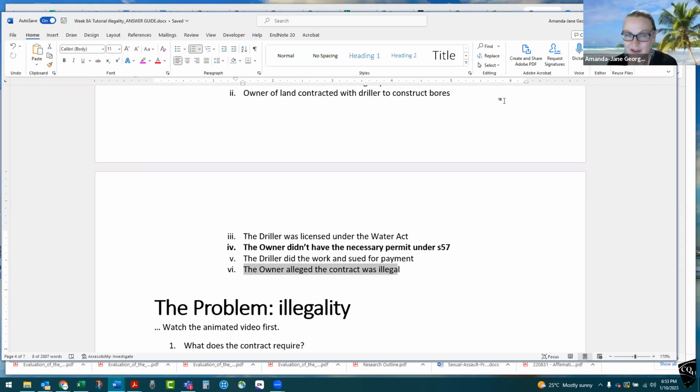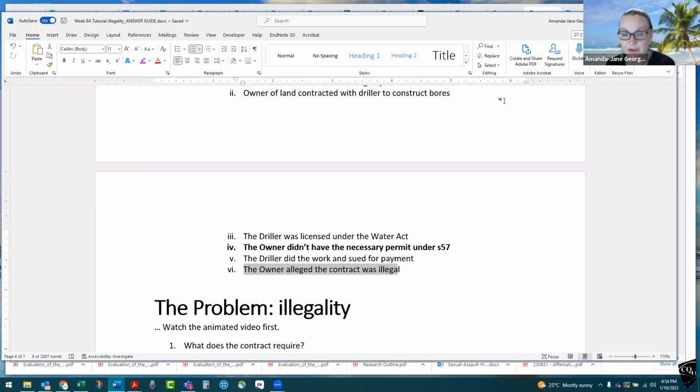I would encourage you to go and have a look at this case because it really is quite entertaining and a very good example of nice, clear judicial exegesis. Nice descriptions here, very plain English and easy to read. But as you can imagine, the court didn't take it very kindly to the owner trying to get the work for free, and failed.